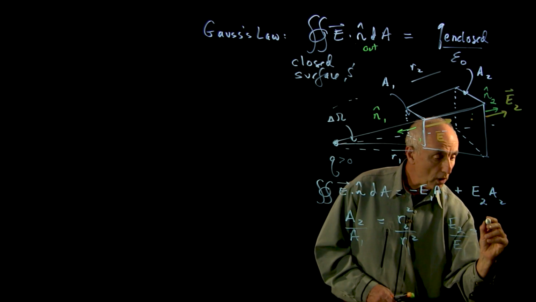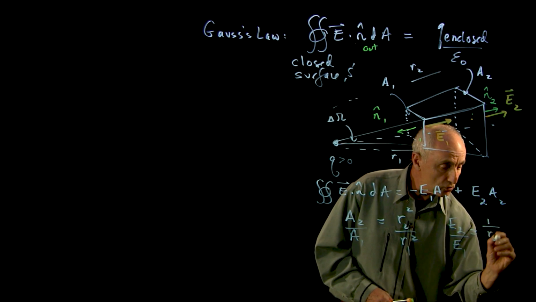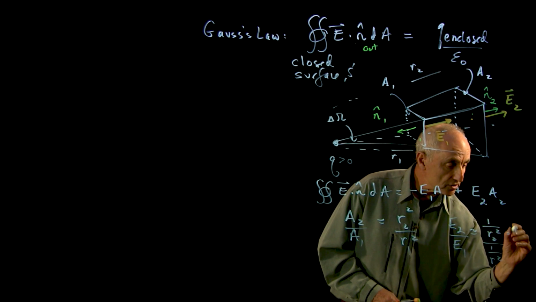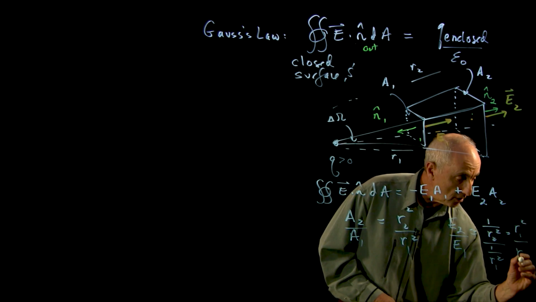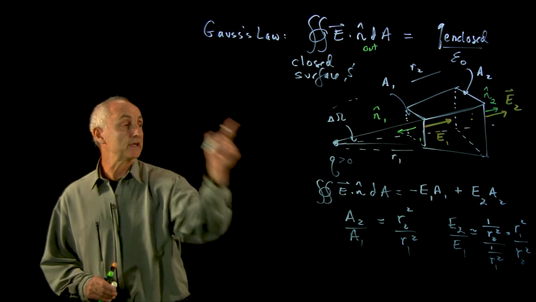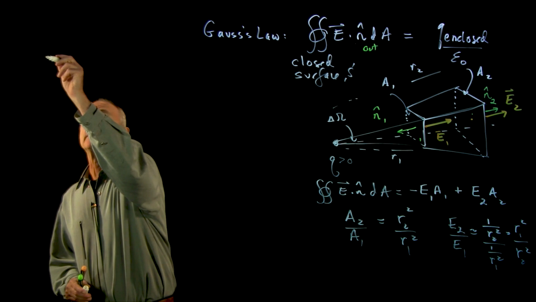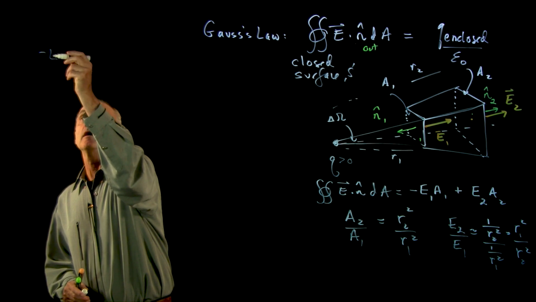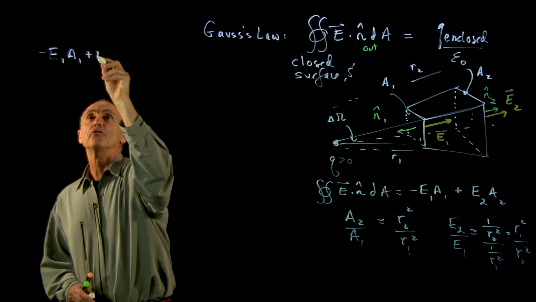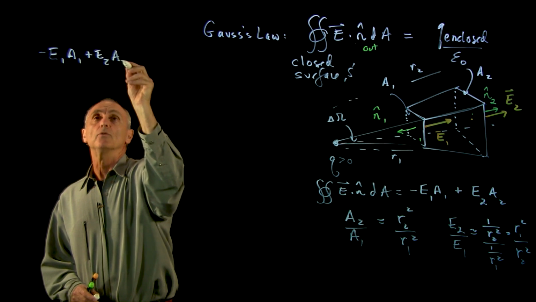So we have 1 over R2 squared, 1 over R1 squared, which is R1 squared over R2 squared. And now what we see when we calculate the flux, let's write that out. Through the closed surface, we had E1, A1 plus E2, A2.